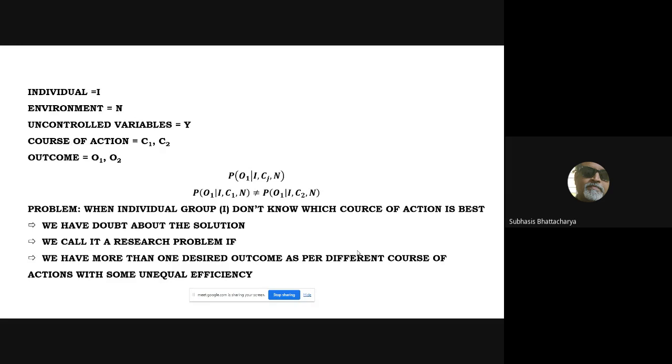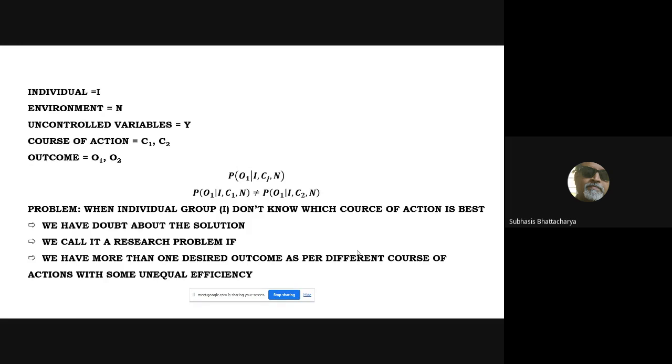That means there must be at least two courses of action available to a researcher. If you have no other course of action, that is not research, because that is a certain thing.